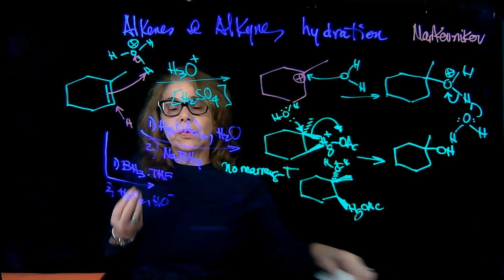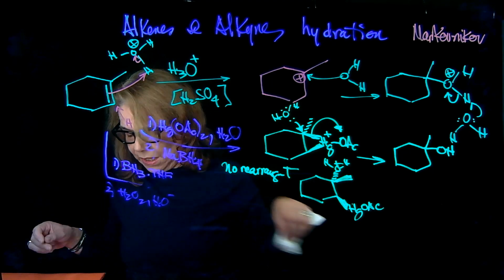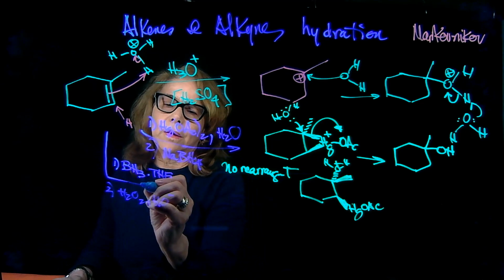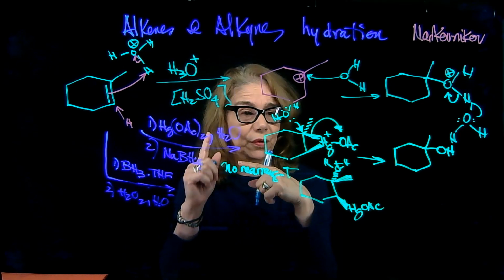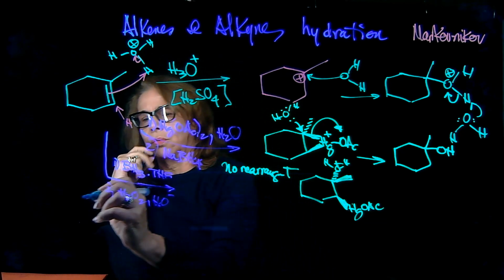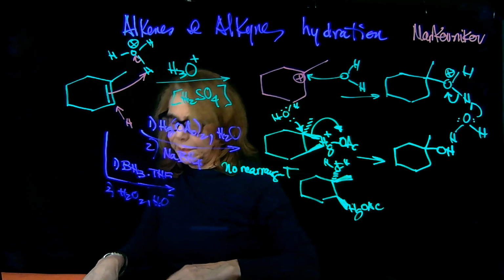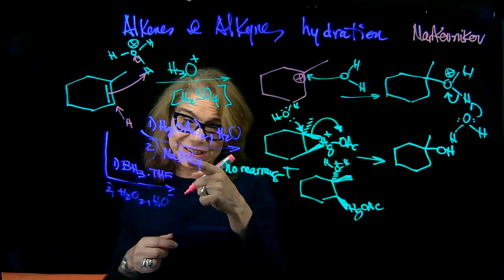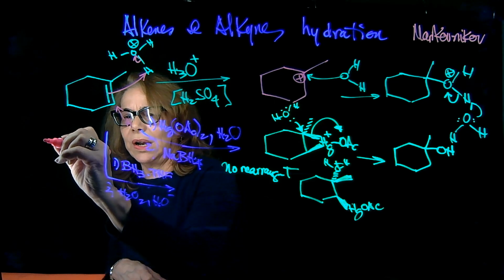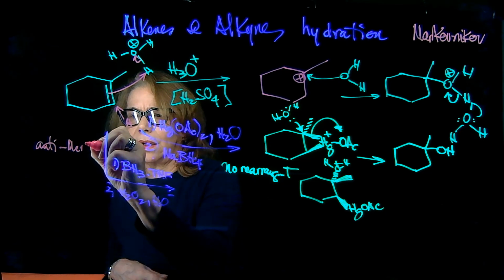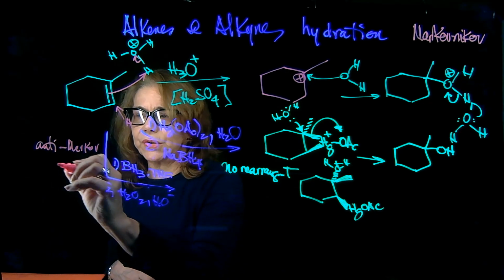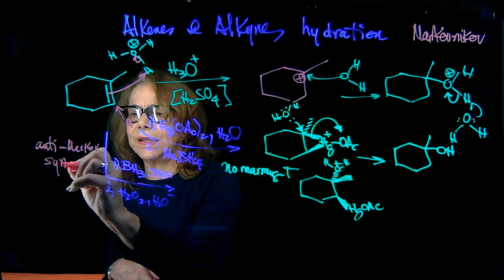What we need to remember when we're doing this reaction is that we will add anti-Markovnikov, and also the addition is syn. So let me write it down: anti-Markovnikov hydration, and also a syn addition.